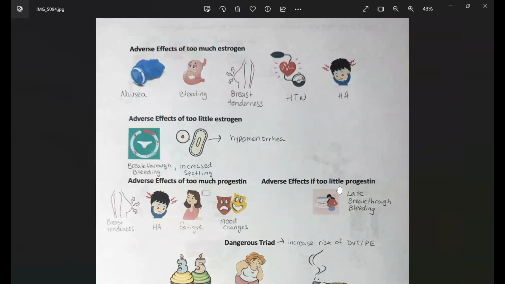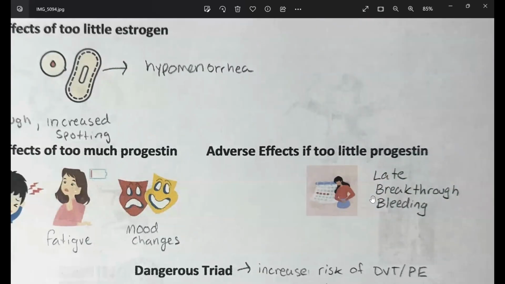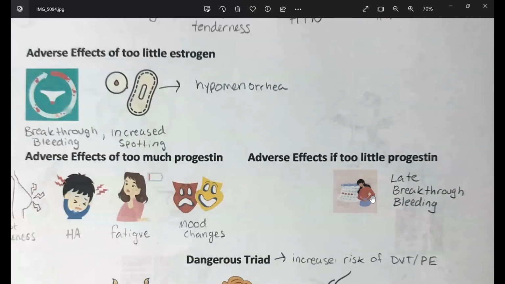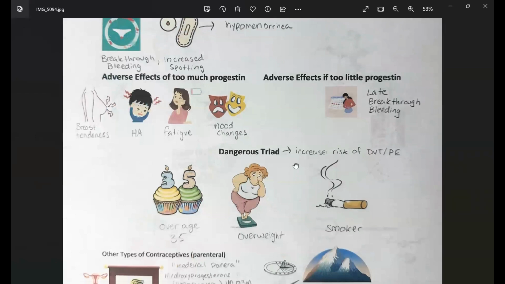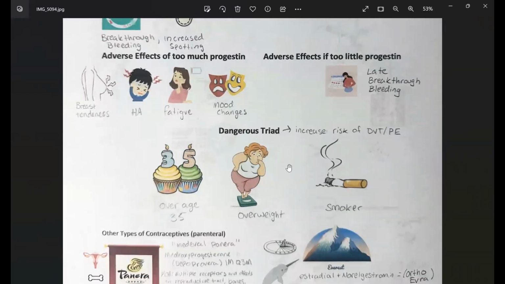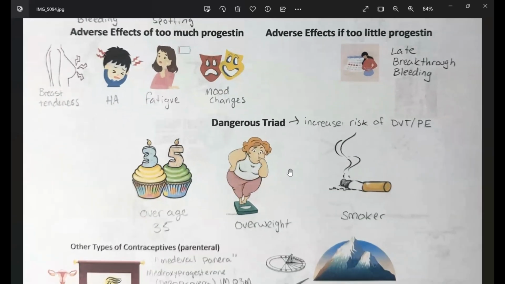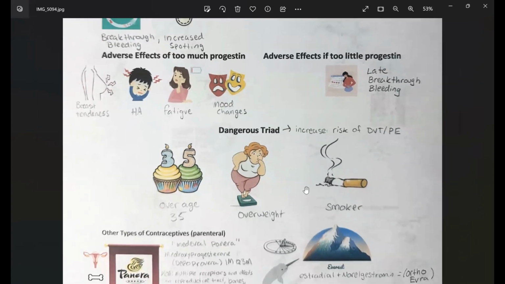And if there is too little progestin, they will have late breakthrough bleeding. Just to wrap things up, oral contraceptives have a dangerous triad: if the person is over the age of 35, overweight, and a smoker, they're at a huge increased risk for DVTs and PEs and probably should not be on an oral contraceptive.